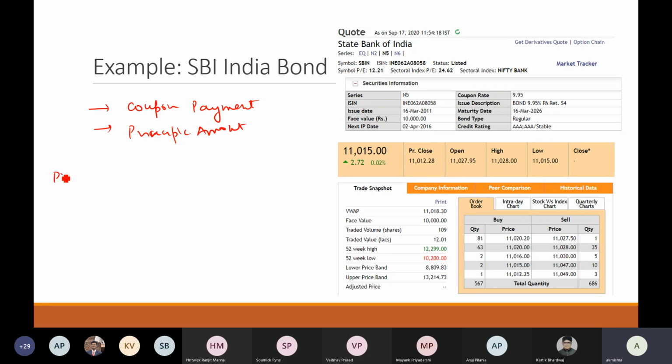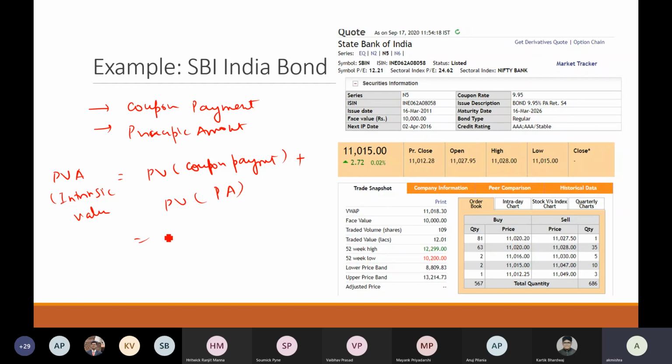If I want to know the present value, sometimes we also call it intrinsic value. Remember, the intrinsic value of this bond will be the present value of your coupon payment plus the present value of your principal amount.